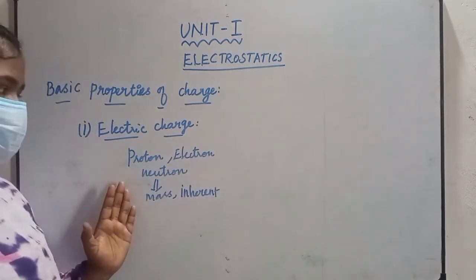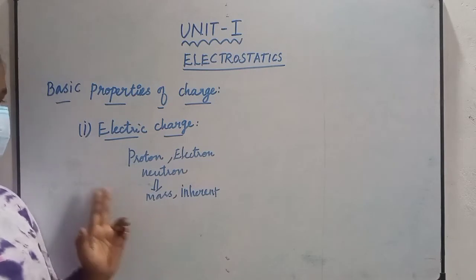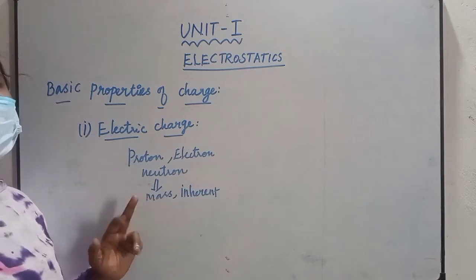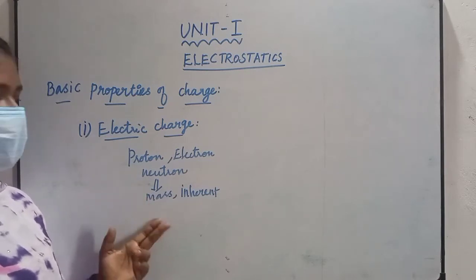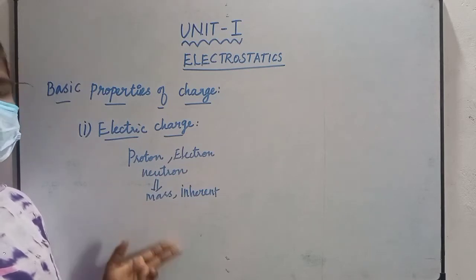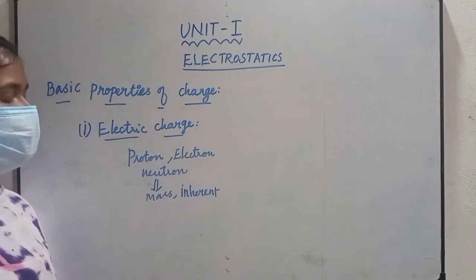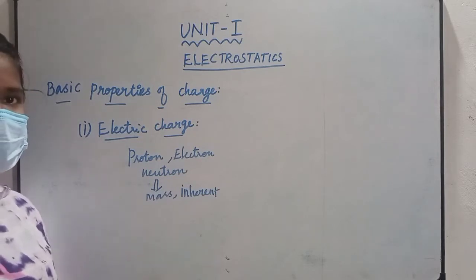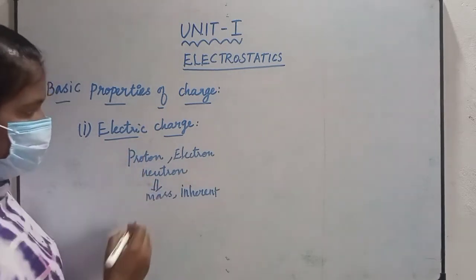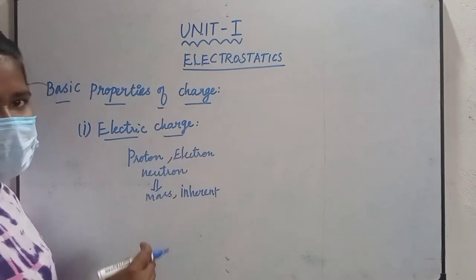Naturally, proton has some mass, electron has some mass, neutron has some mass, and they also have some basic properties. One of the basic properties is the electric charge.